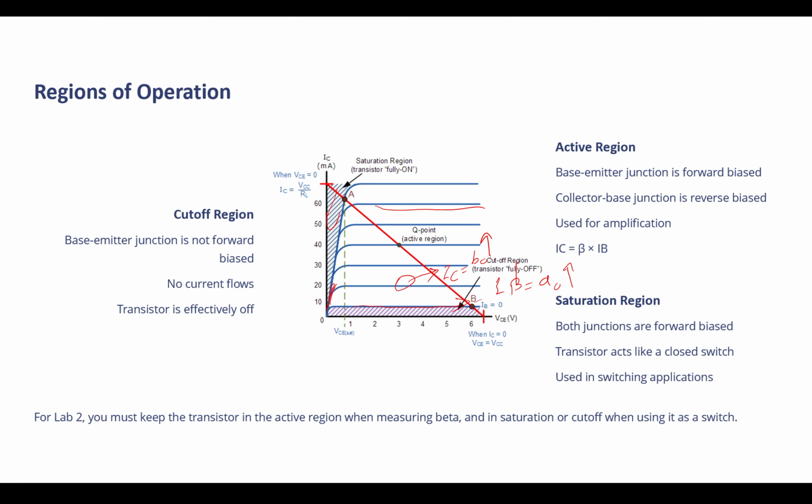It doesn't matter what the base current is, that coefficient applies to that current of the base and gives you the collector current. And as you can see, we are talking about the active region. This current of the collector doesn't have any dependency on the voltage between the collector and emitter.